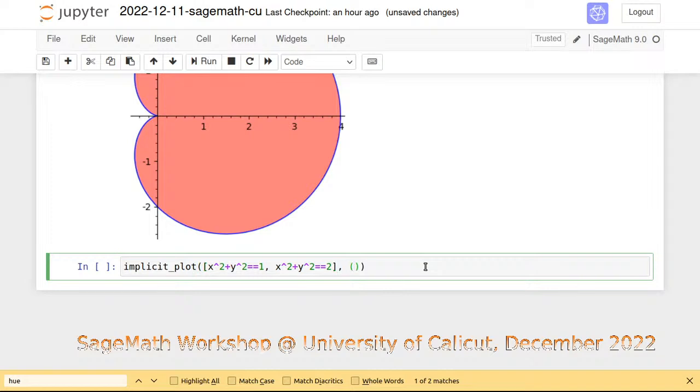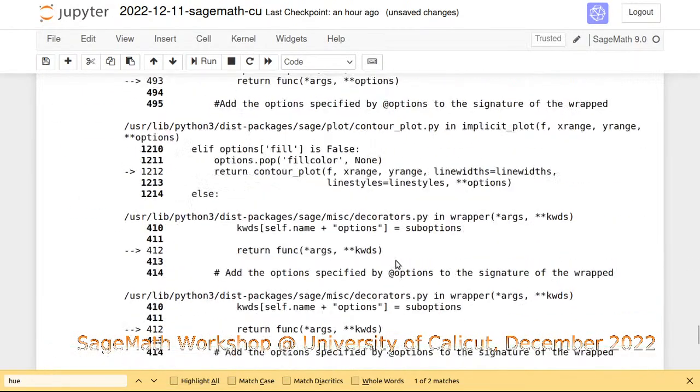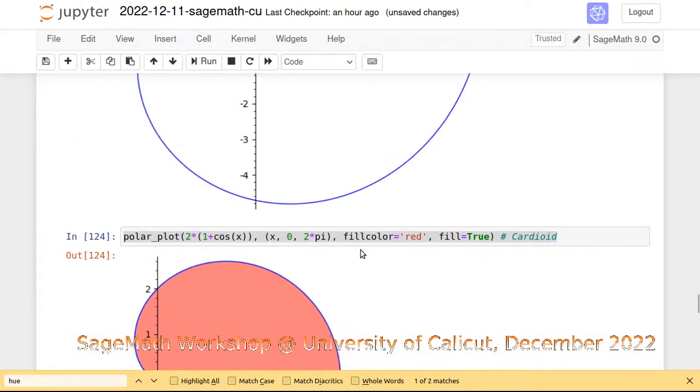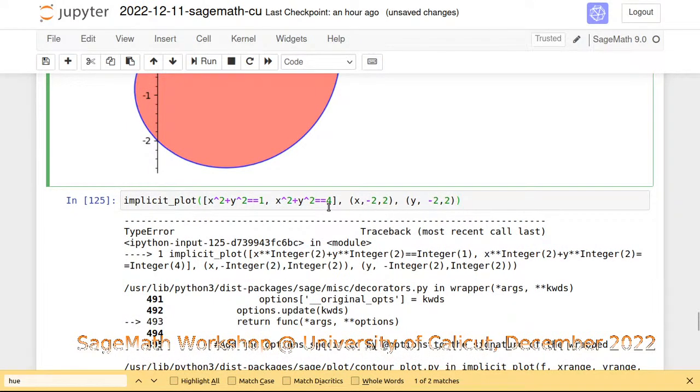So x range and y range, for both the functions, let's take it between -2 to 2, and y -2 to 2. What is that?